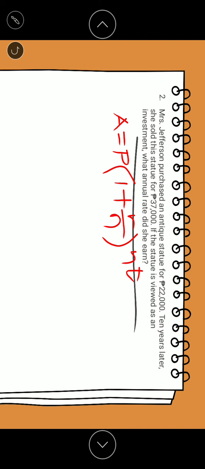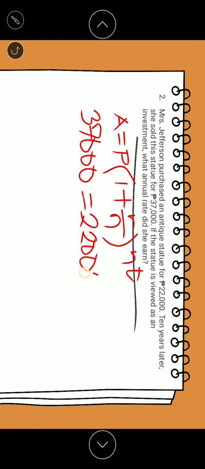For A, we have 37,000 equals P, we have 22,000, open parenthesis 1 plus we put R here since that is what we are looking for. Our N is 1.